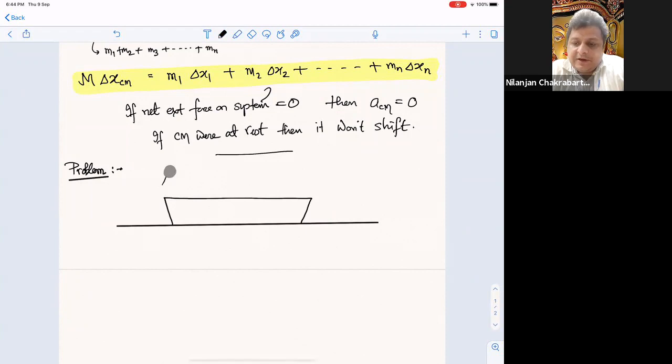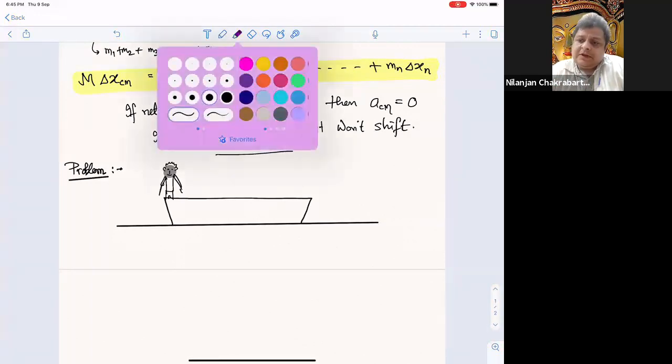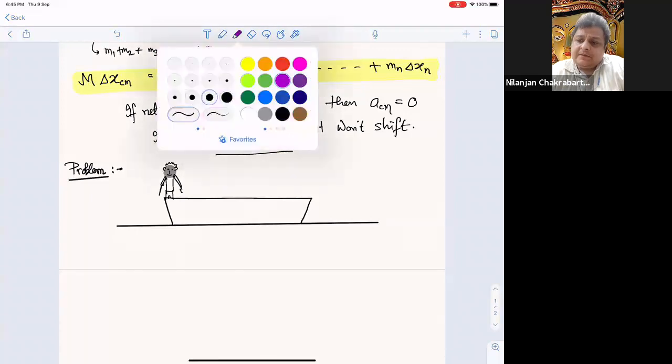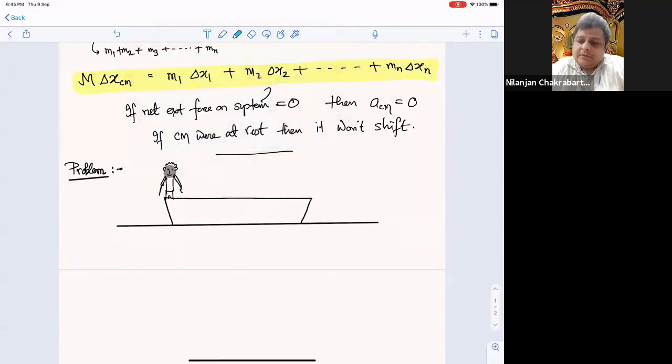Let me make a better diagram. This is a person actually, right? This is a person. Person.